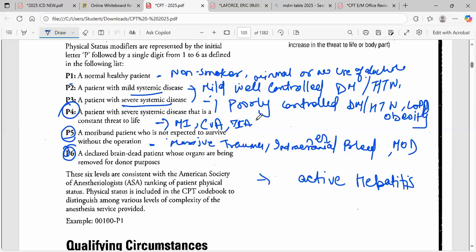Active hepatitis, P3. So everyone responded with P3.